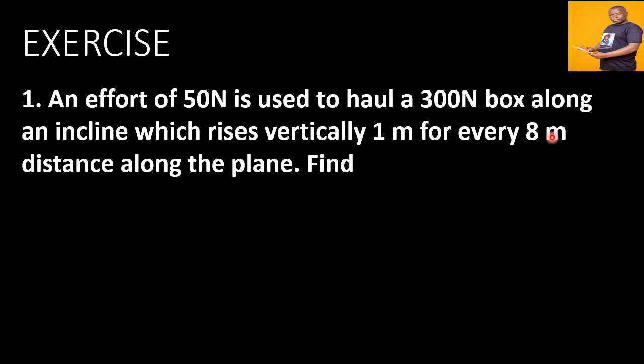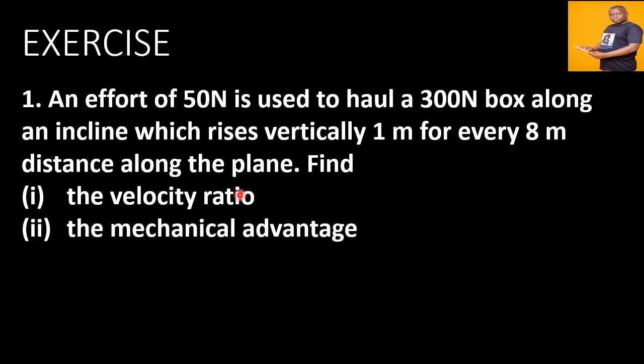So we should use this information to find the velocity ratio. Remember, velocity ratio of the machine is simply the length of the plane divided by the height of the plane. So in this case, the length is 8 meters and the height is 1 meter. So this, when divided, will give you the velocity ratio. And also, you are asked to work out the mechanical advantage.